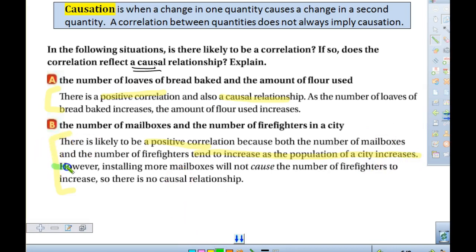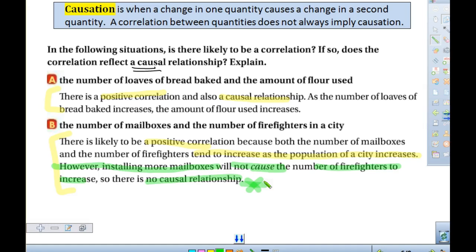However, just because we put in more mailboxes does not cause the number of firefighters to increase. This is key. It does not, just by putting in more mailboxes, make the city go, oh, we better hire more firefighters, right?